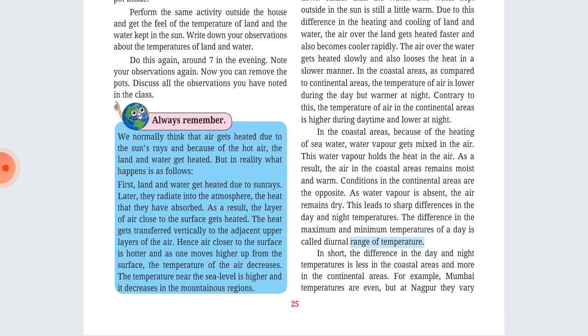Why? Because the air which is close to the surface of the land gets heated. Why does it get heated? Because of the heat which is released by the surface of the land, because the surface of the land is directly in contact with the sunlight, which increases its temperature.